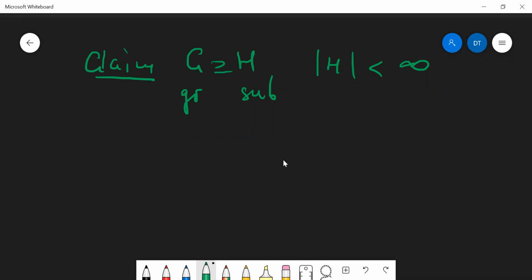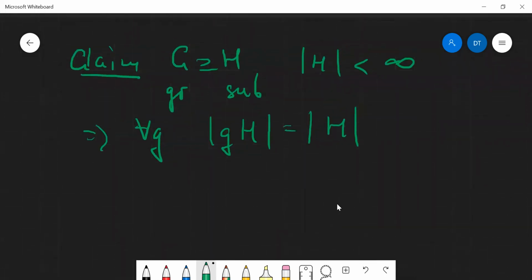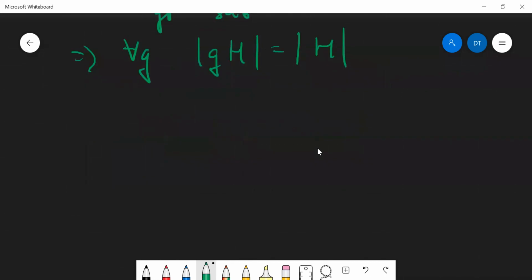So then, for any element G, the number of elements in the left coset with respect to G is the same as the number of elements in the subgroup H. So this is the claim. For every finite subgroup, the number of elements in every left coset is the same as the number of elements in the group itself. So now, how to prove this?